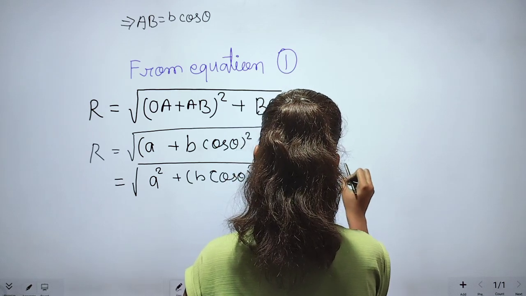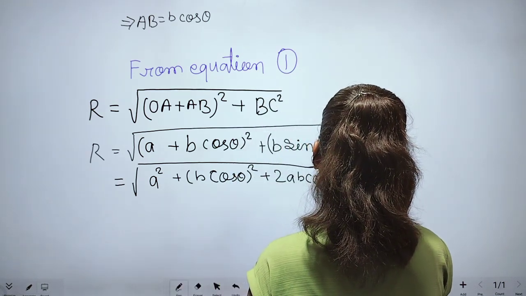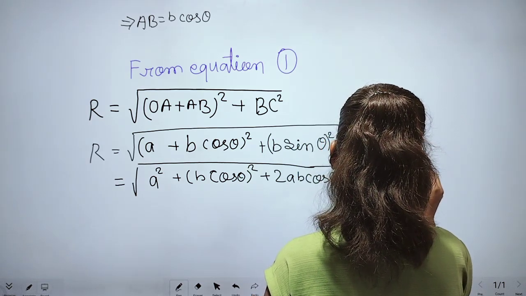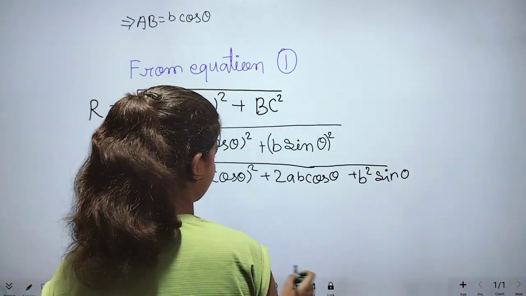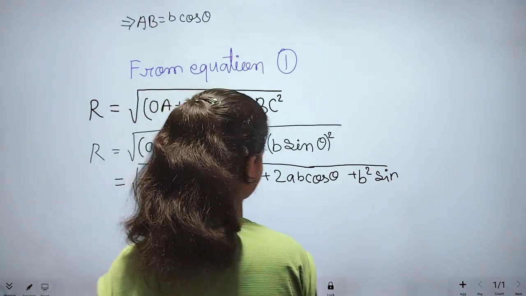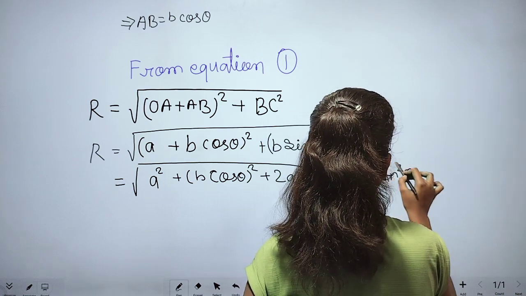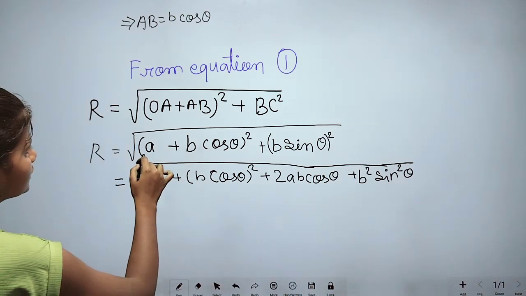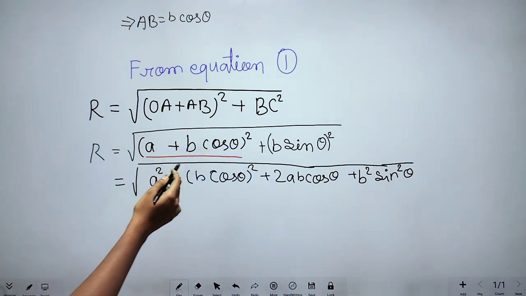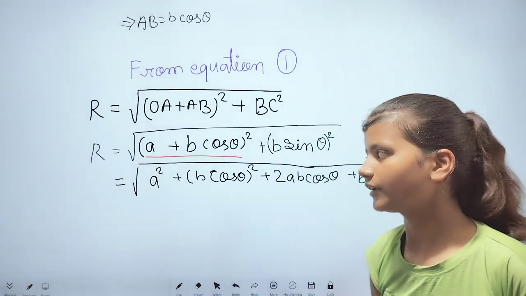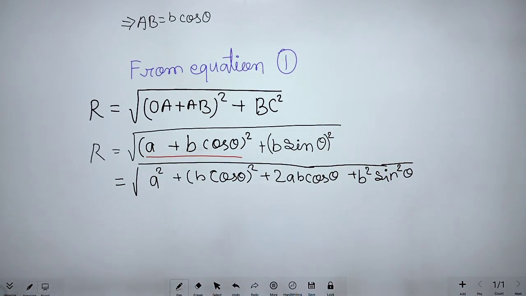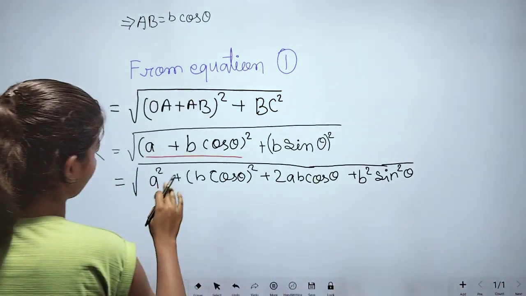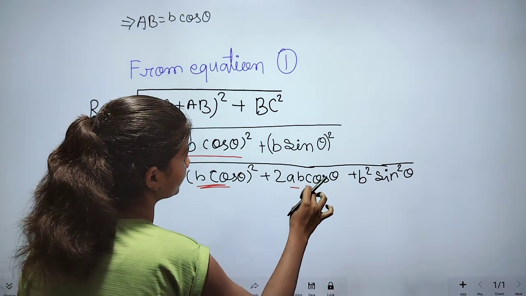So here this one is A and this one is B. So A square plus B square plus 2AB cos theta, and the last one is B square sin square theta.